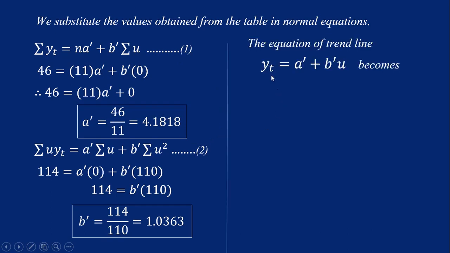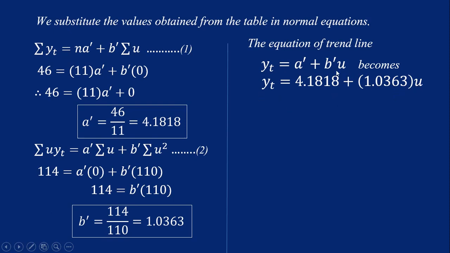So the equation of the trend line is yt is equal to a dash plus b dash u. We only have to substitute these values of a dash and b dash here, and we get the required equation of the trend line. yt is equal to 4.1818, which is the value of a dash, plus b dash into u, the value of b dash is 1.0363, into u.